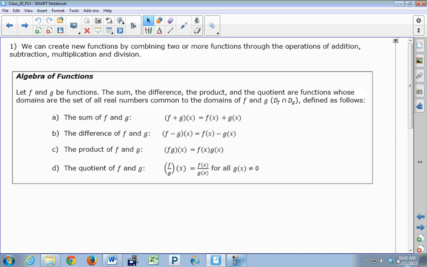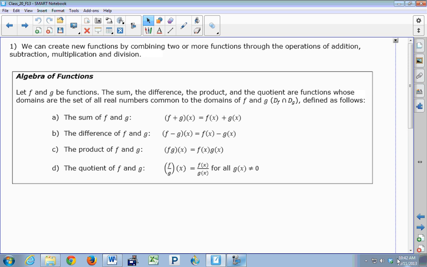Domain. So the domain of f, and what does that symbol mean again? Intersect, right? Because we're looking for the stuff common to both sets, to both domains. So the domain of f intersect with the domain of g. Another way to say that is what numbers are common to each domain.